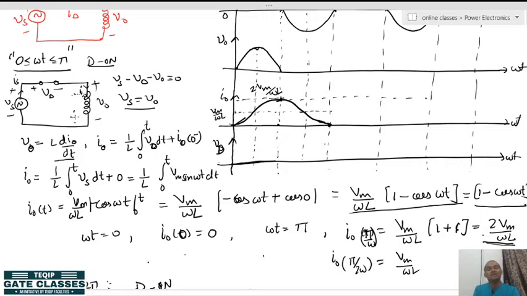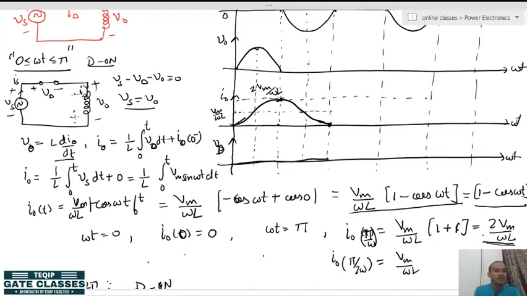So, we are seeing that the inductor will discharge only at 2 pi, not before that. Until the inductor discharges itself fully, the value of the diode voltage will remain 0, which means the circuit is still turned on.